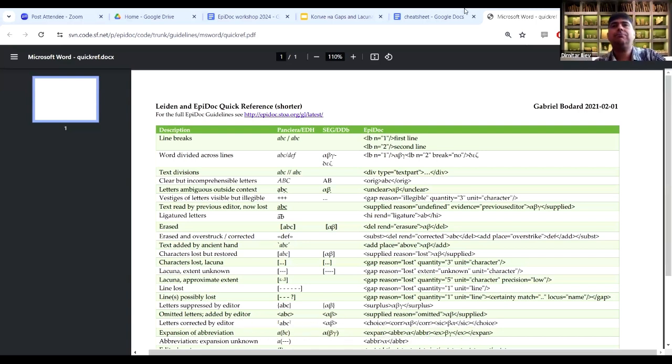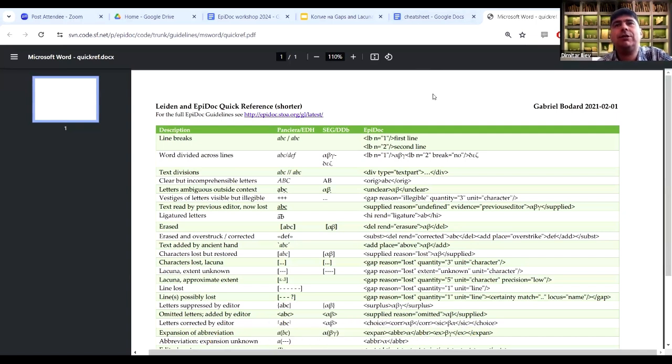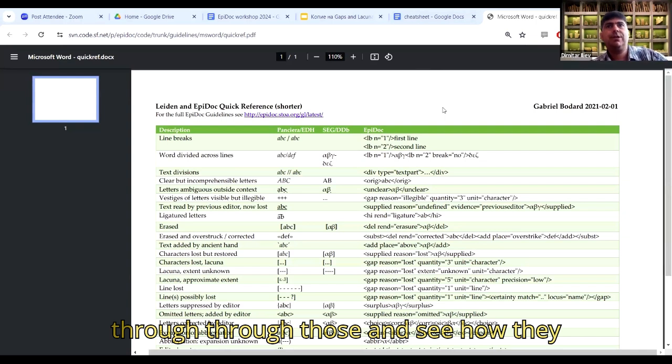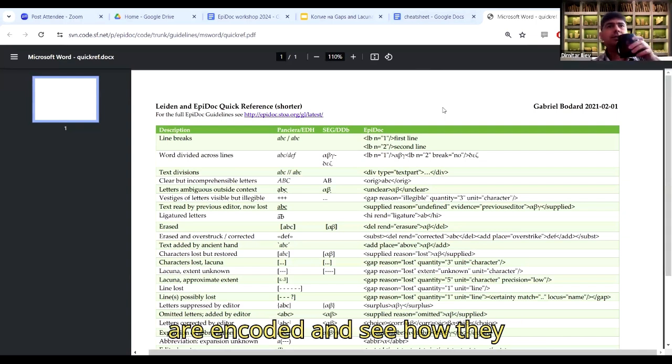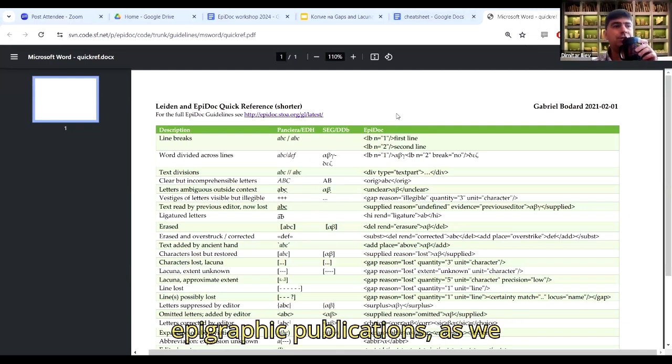So EpiDoc follows closely the so-called Leiden conventions of epigraphic publishing and editing, and I will walk you through those and see how they are encoded and how they are rendered in different styles of epigraphic publications.